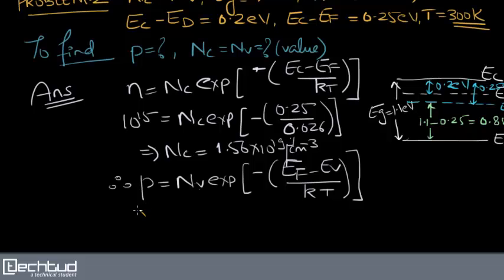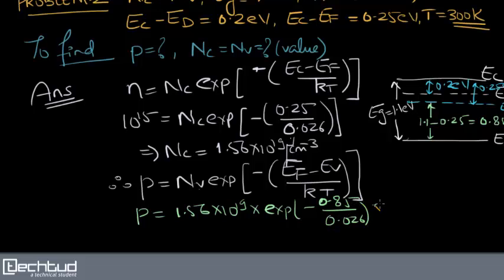Substituting it here, p will be nothing but 1.52 into 10 to the power of 19 into exponential of minus 0.85 by 0.026. So the concentration of holes will come out to be 8.71 into 10 to the power of 4 per centimeter cube.